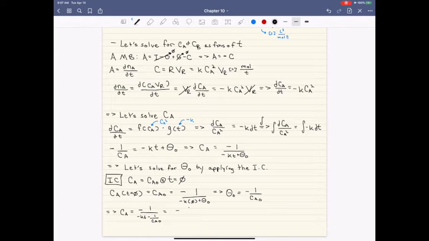So I'll arrange this. First, in the denominator, I'm going to combine the terms by finding a common denominator here. So what you end up with is this. I could flip the Ca naught to the top. So I get this here.